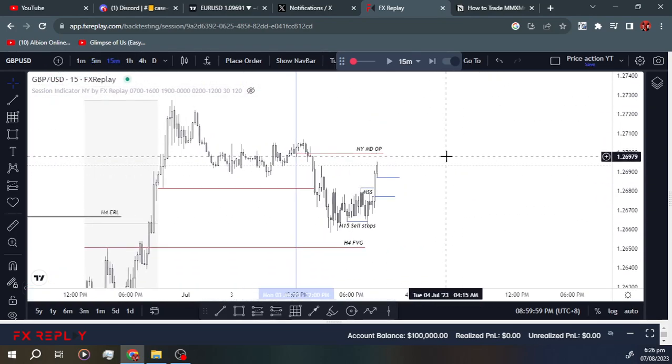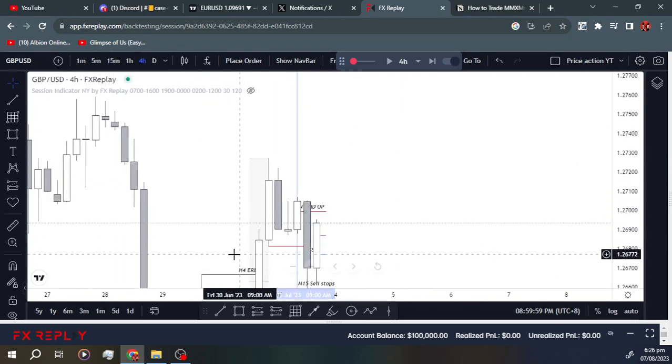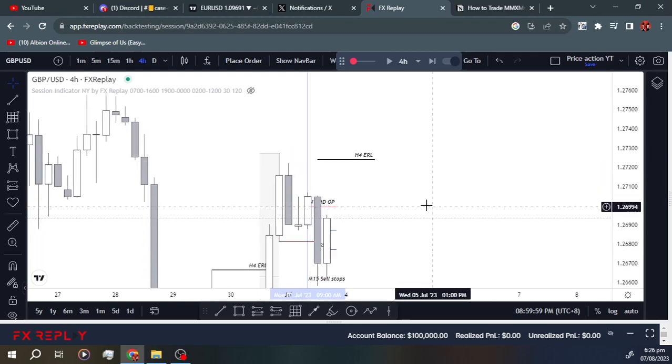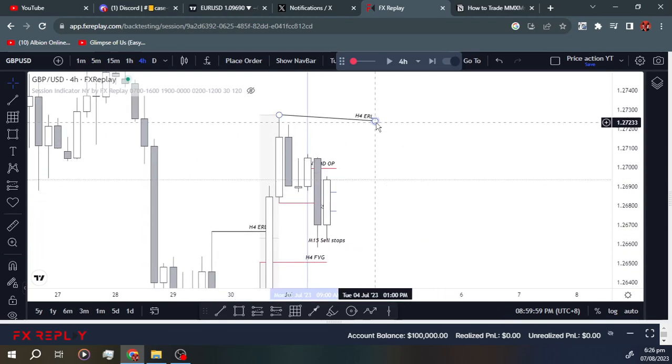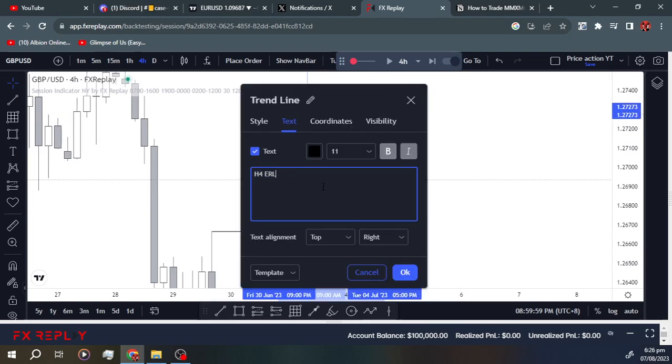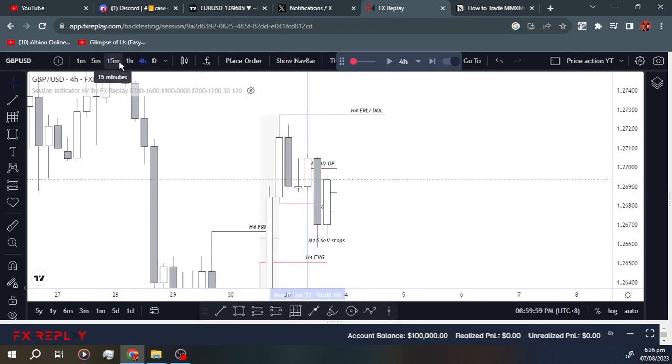First, where's our draw on liquidity? Our draw on liquidity, or the external range, will be in here. That's the easiest draw on liquidity.